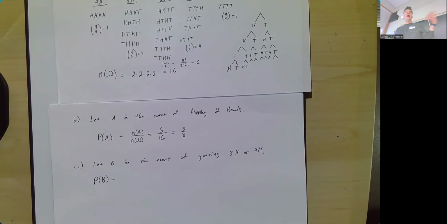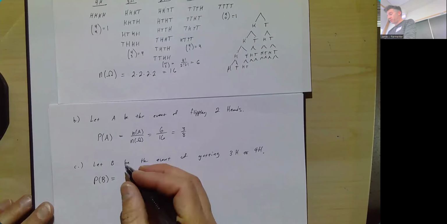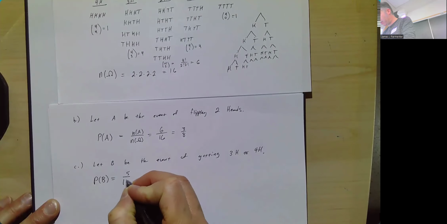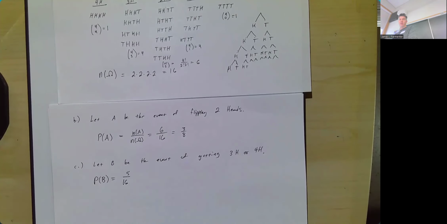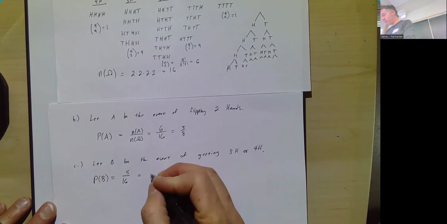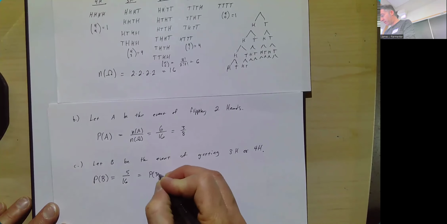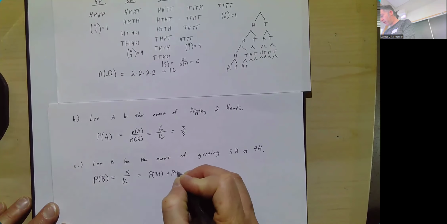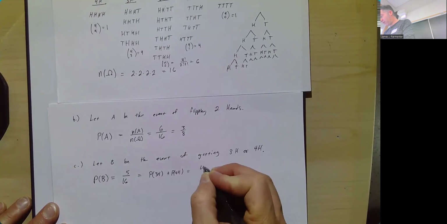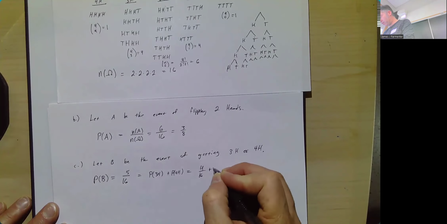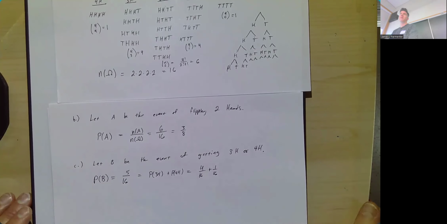Right, so there's 5 ways we can get 3 heads or 4 heads. So the probability is going to be 5 out of 16. The number of ways of getting what we want divided by the number of ways of what can happen. You could have broken this up as the probability of 3 heads plus the probability of 4 heads, which is 4/16 plus 1/16, which is 5/16.